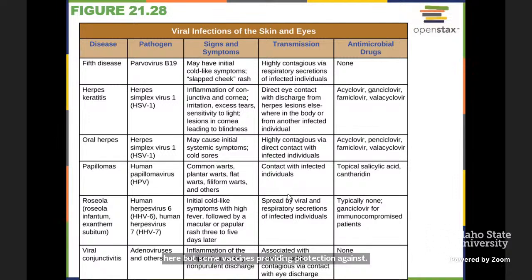Not all of the HPV strains. So thinking on the skin, topical salicylic acid, wart remover as a potential.